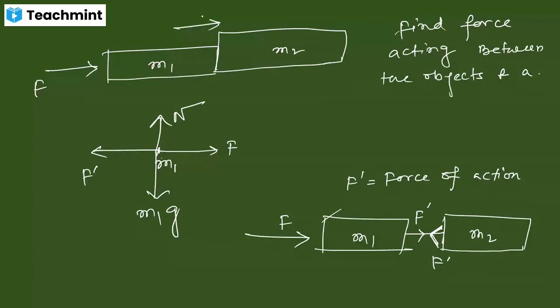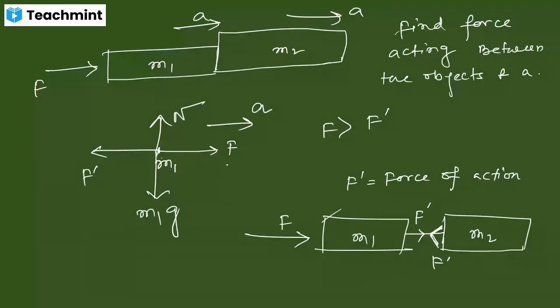M1 is accelerated, M2 is accelerated, so obviously some distance is traveled by them, right? But if the object is accelerated in that direction, F is greater than F dash. So that's why it is accelerated in the right direction.